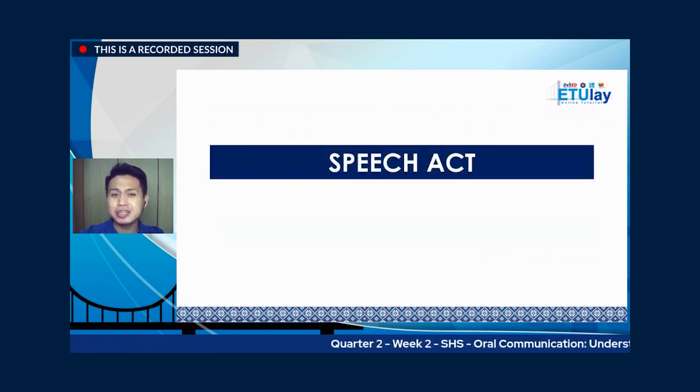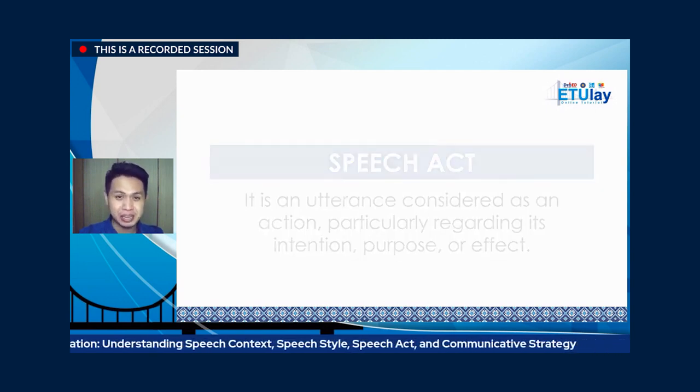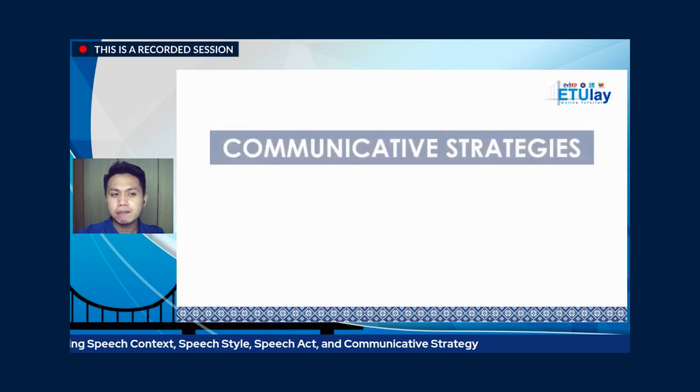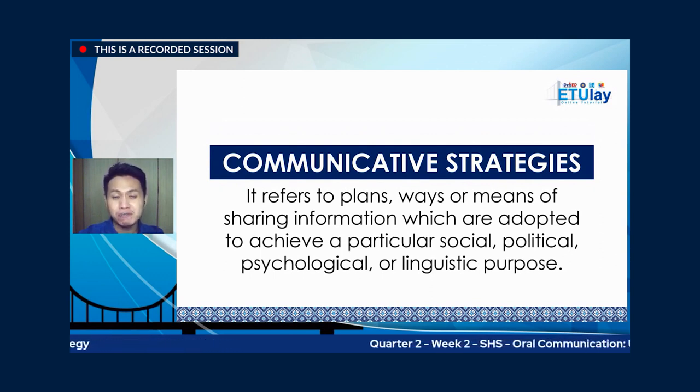Speech act is an utterance considered as an action, particularly regarding its intention, purpose, or effect. Lastly, communicative strategy. It refers to plans, ways, or means of sharing information which are adopted to achieve a particular social, political, psychological, or linguistic purpose.